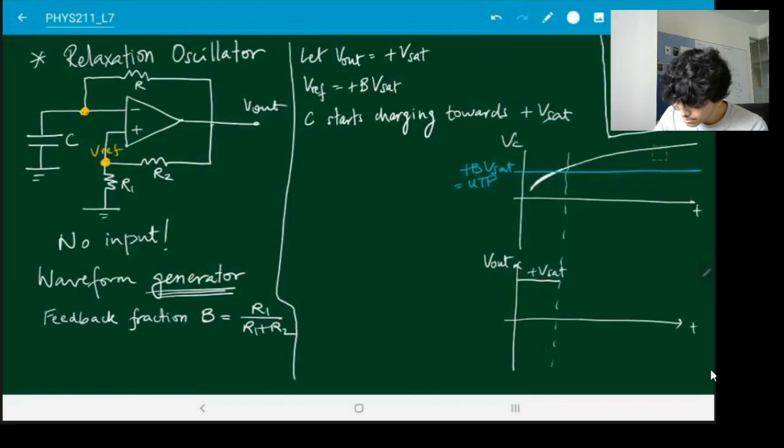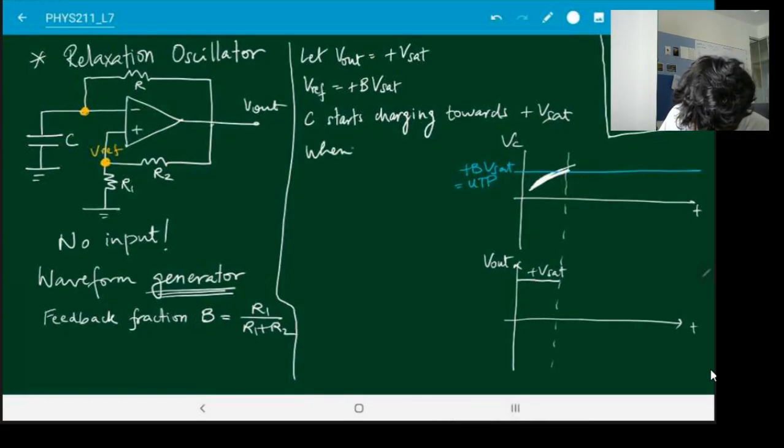You see, the moment your capacitor voltage comes till here, now we are in trouble, because suddenly the output will change state, because we have crossed the trip point.